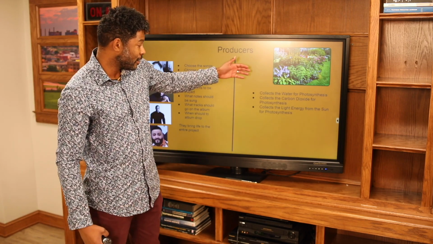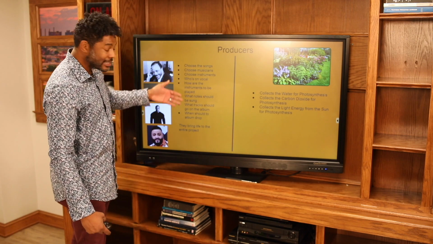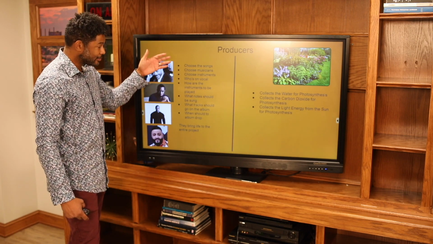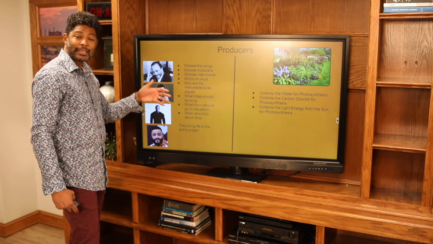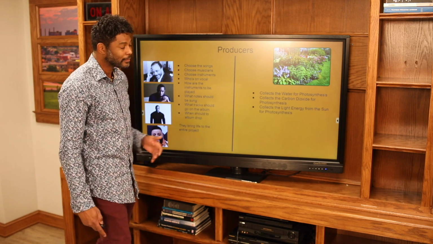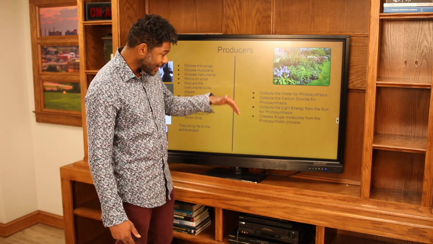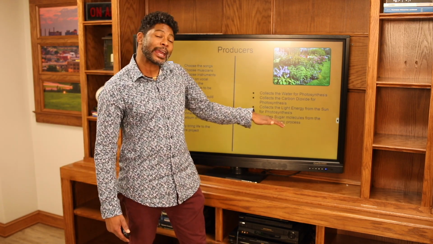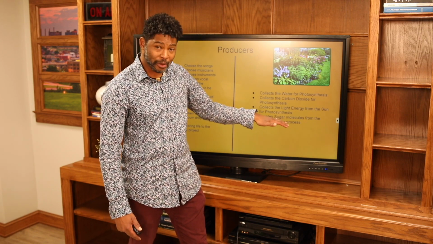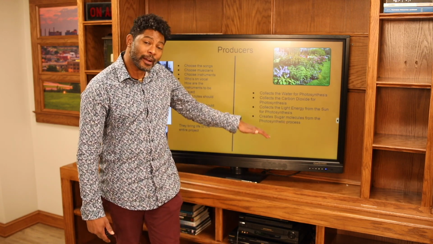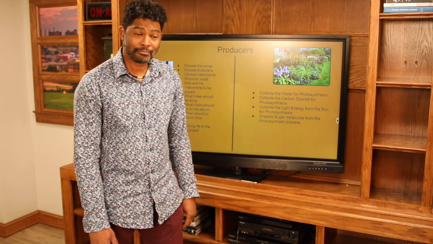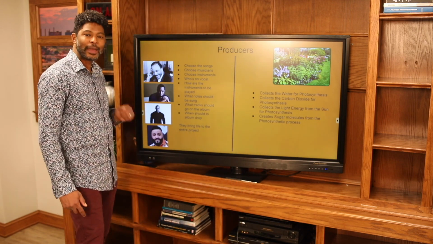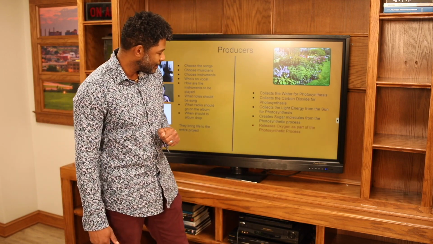So first of all, they're getting everything together, just like you get the instruments and the melody. Then they take all of that and create the sugar molecules we're talking about from the photosynthetic process. All of this, now we have a song.